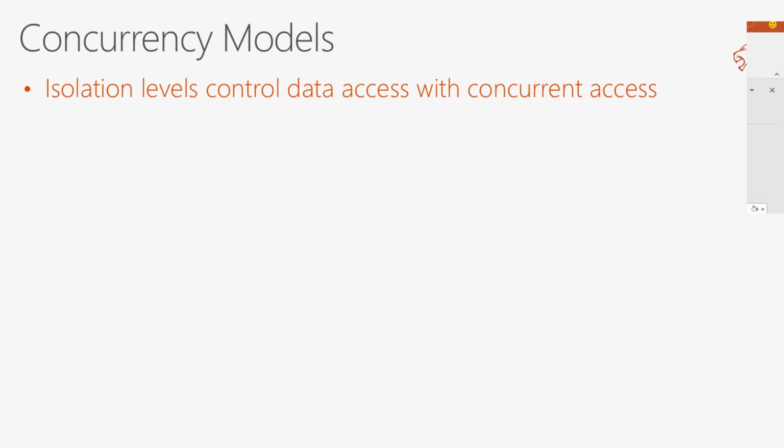So concurrency basically means how do we allow multiple users, whether it is an application or whatever, at the same time in the database. And multiple users accessing the database must see some sort of a coherent or consistent view of the data, right?